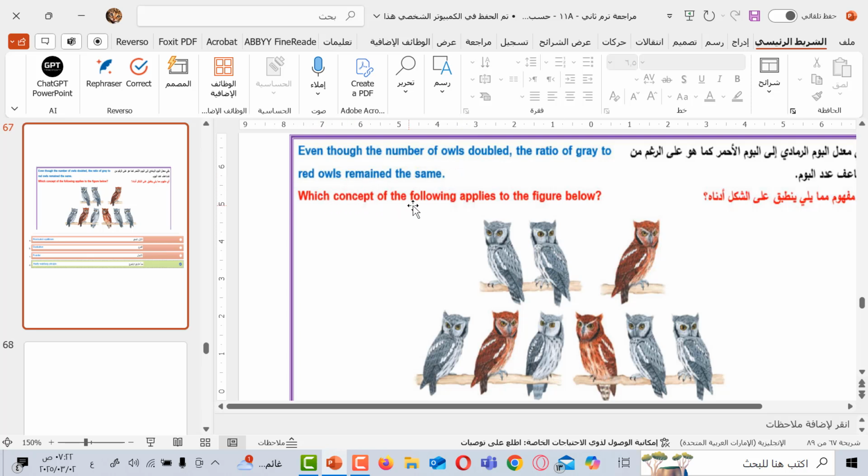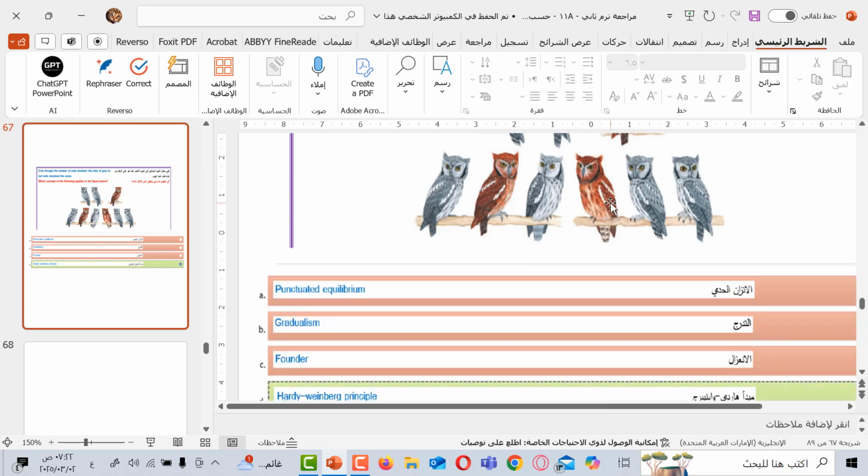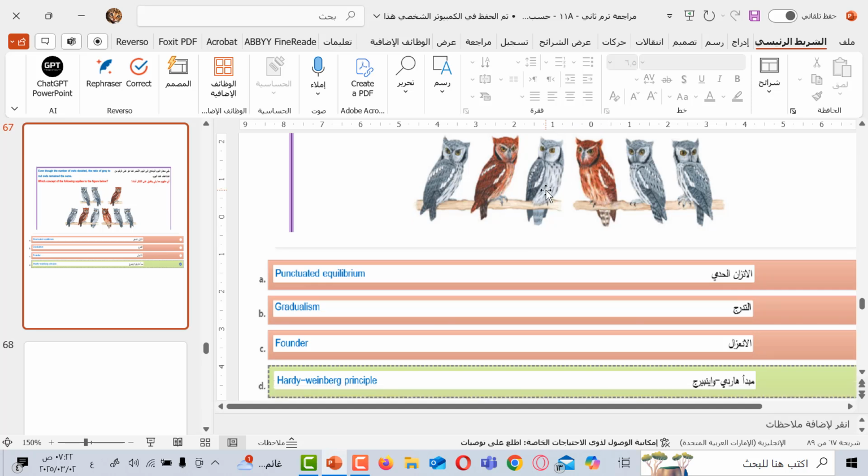Which concept of the following applies to the figure below? It's called the Hardy-Weinberg principle.